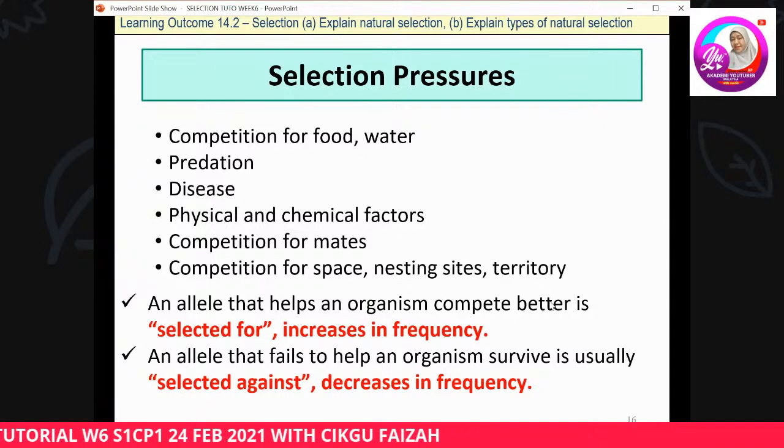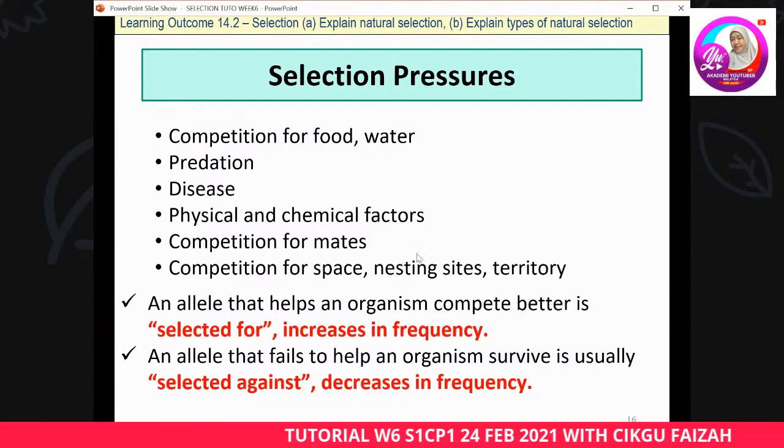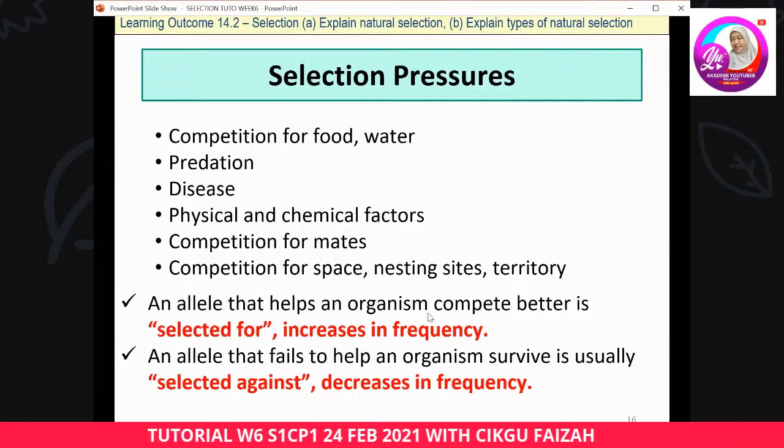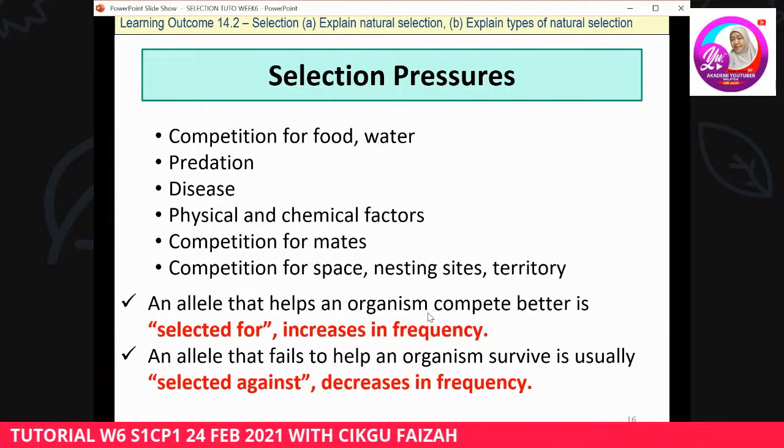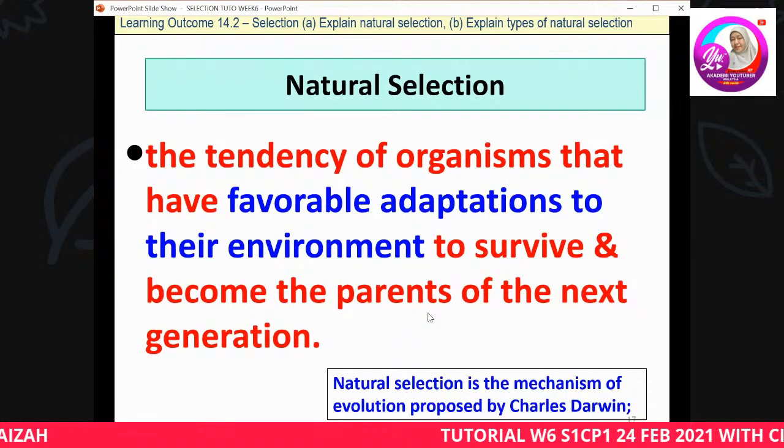Yang menang, the winner, class. And the winner will increase in frequency, whereas the allele that fails to survive will decrease in frequency. So this is what we are going to learn under natural selection.